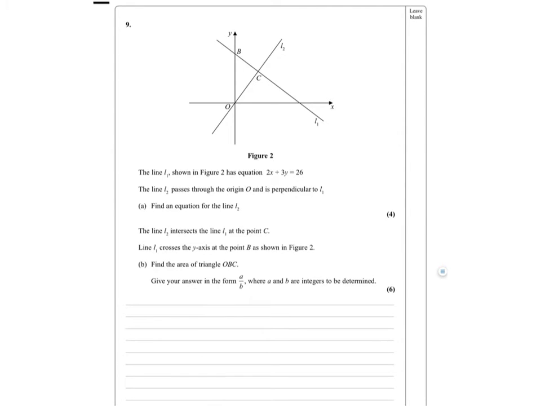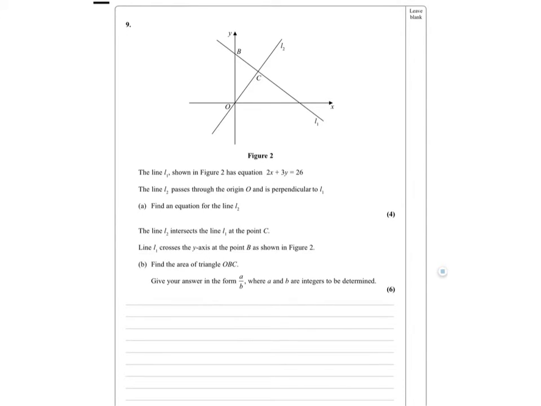Question 9. Find the equation for the line L2. Line L1 shown in figure 2 has an equation of 2x plus 3y equals 26. Line L2 passes through the origin and is perpendicular.